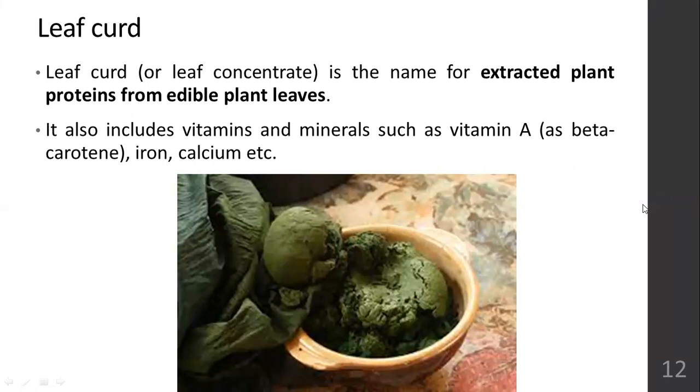Leaf curds are considered much superior to your regular greens. The only thing is the fiber content; you will lose the fiber, because you're just extracting the juice and curdling it. But fiber you can add from other vegetables as well.